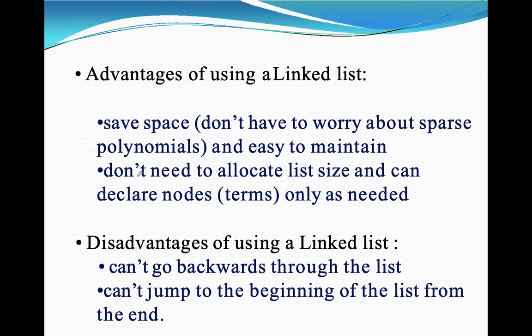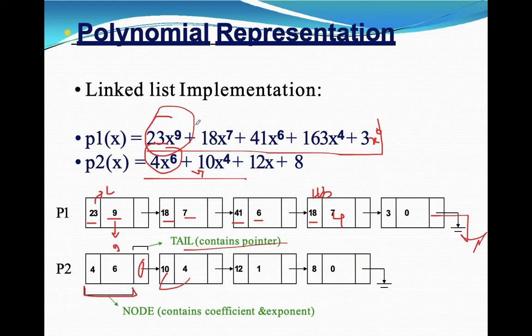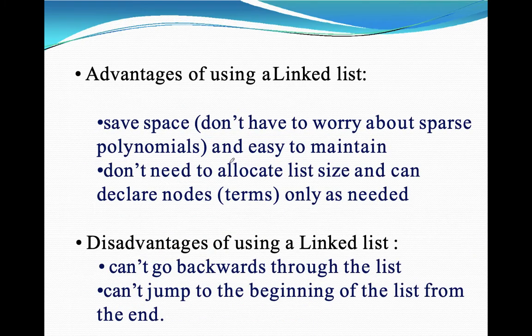Obviously, don't have to worry about the sparse polynomials, because here also we have sparse polynomials, and x^8 নেই, x^5 নেই, here also x^3 and x^2 are not here, so don't need to worry about this. Don't need to allocate the list size and can declare nodes as needed, so you can easily use the linked list to represent the polynomial.